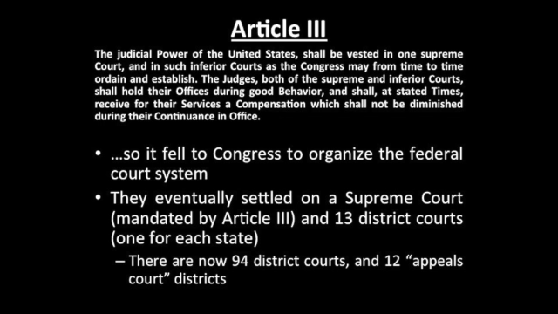Today there are 94 district courts, 89 of them are in the 50 states, and then there are district courts for America's various territories, such as the Virgin Islands and Puerto Rico and Guam and so on. There are also 12 appeals court districts. You'll see a map of that here in just a minute.